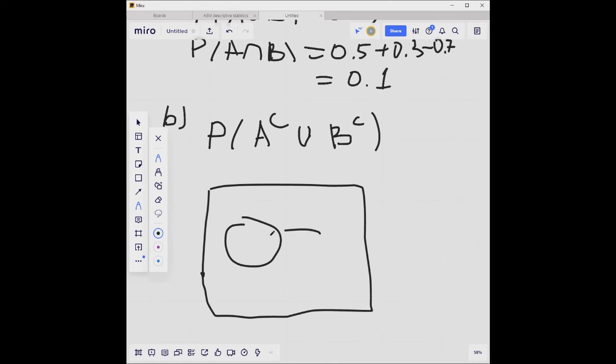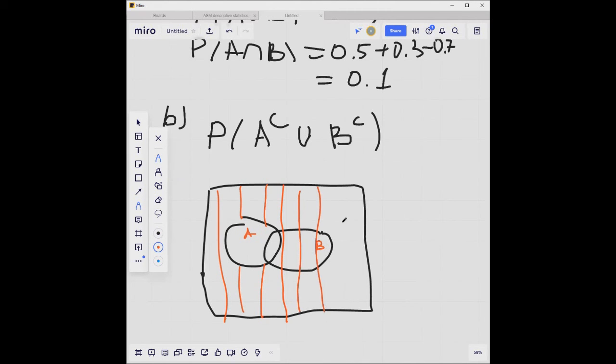So here's A, here is B. First, I'm gonna color in red A complement in vertical red lines, everything outside of A. Now we are going to color B complement, which is everything that is outside of B, in blue horizontal lines.